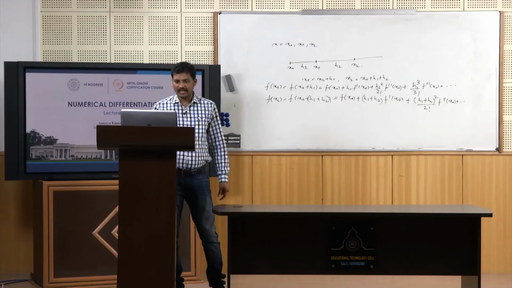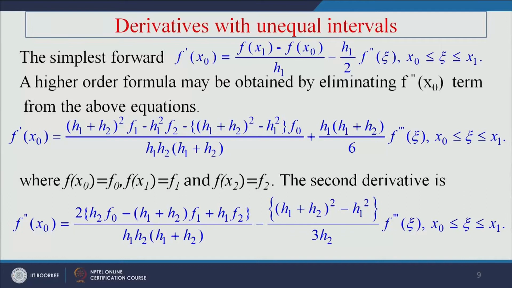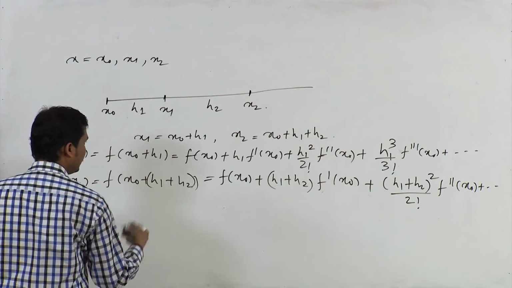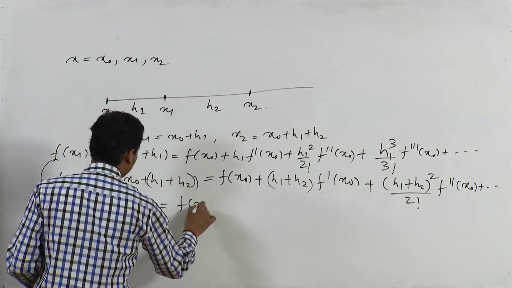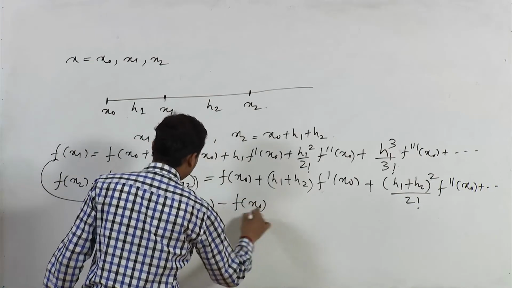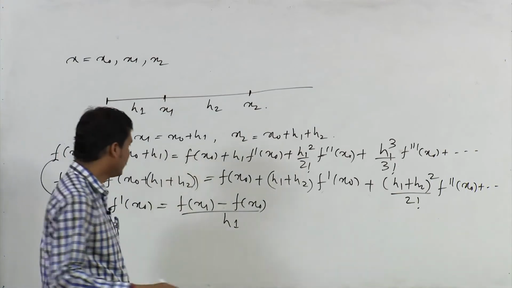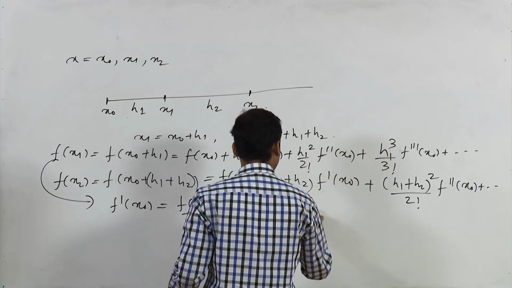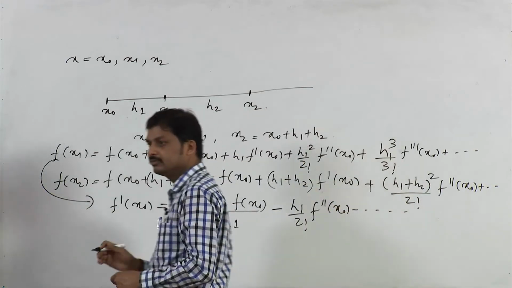And suppose we try to evaluate f dash of x0 from these two equations. From the first equation, if we individually evaluate f dash of x0, we can write it as f of x1 minus f of x0 divided by h1, minus h1 by 2 factorial f double dash of x0, and the rest of the terms.